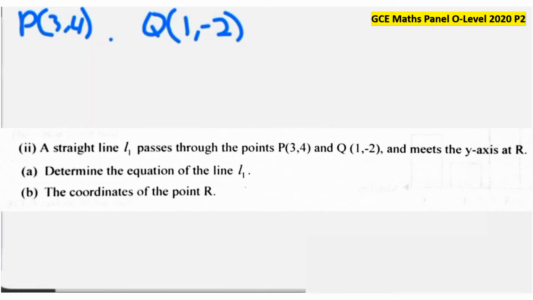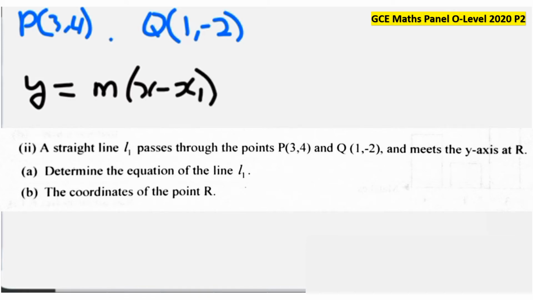So you can use the formula directly, where the equation of a line is given by y is equal to m times x minus x1, plus y1, where m is the gradient and the point x1, y1 can either be the point Q or P. Let me take P to be my x1, y1.